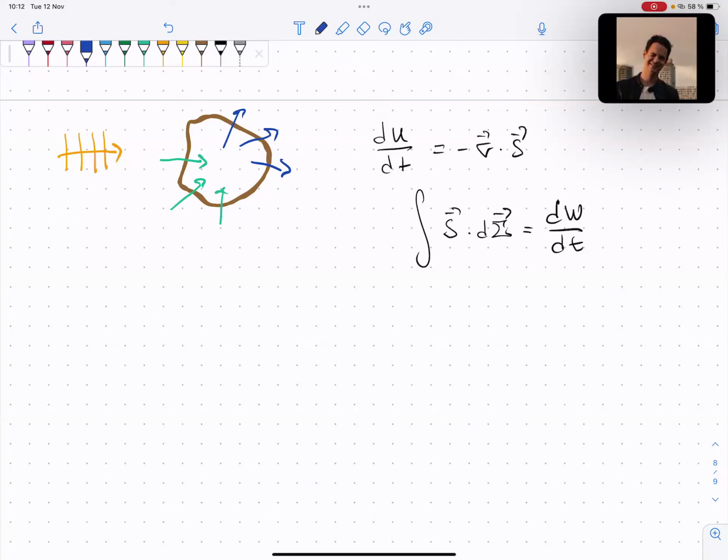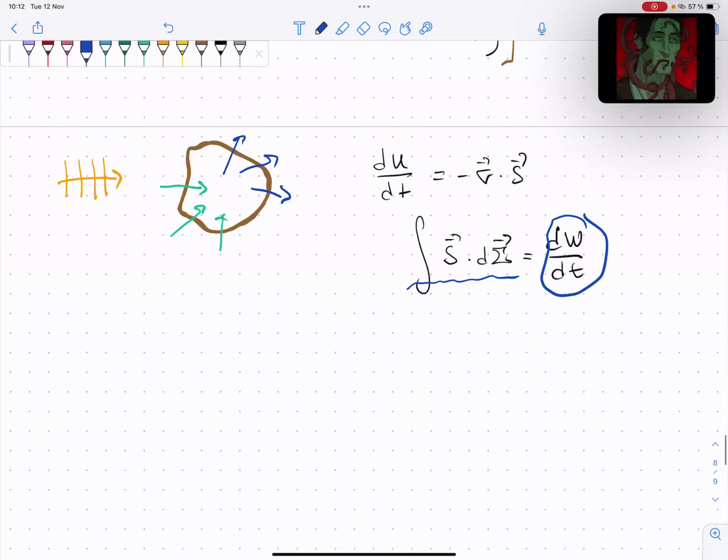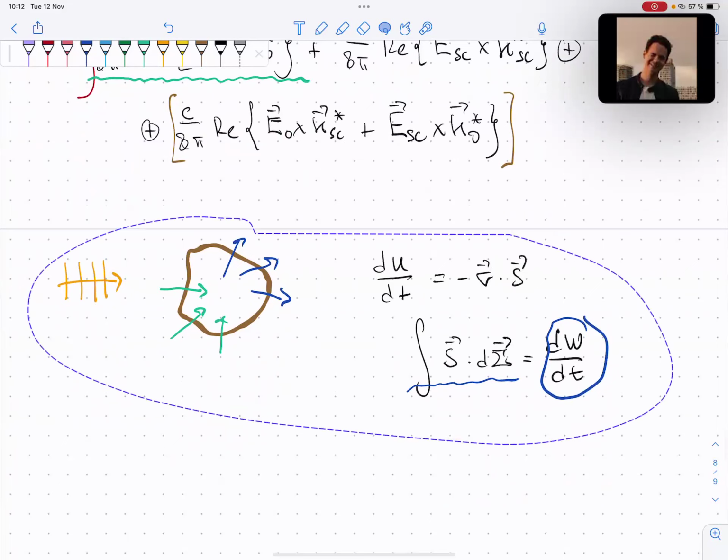So from this hand-waving explanation, we can expect this integral to be equal to 0, and therefore this term also to be equal to 0, but only for the incident field. Is it clear? Yes, about this theorem. Okay.